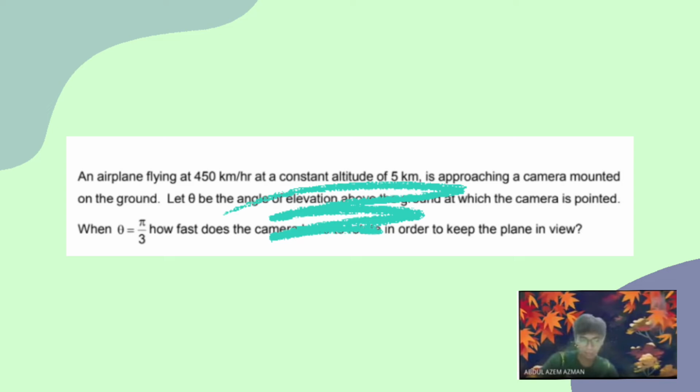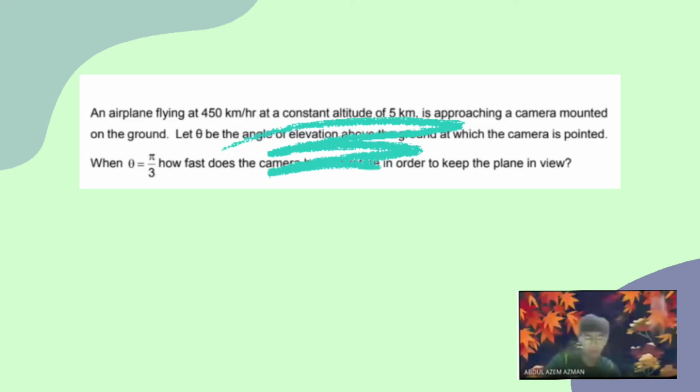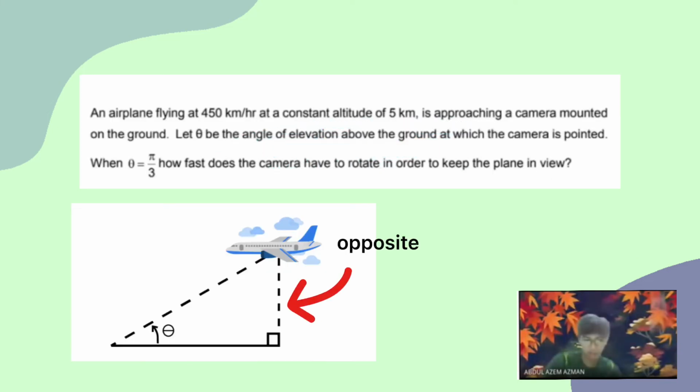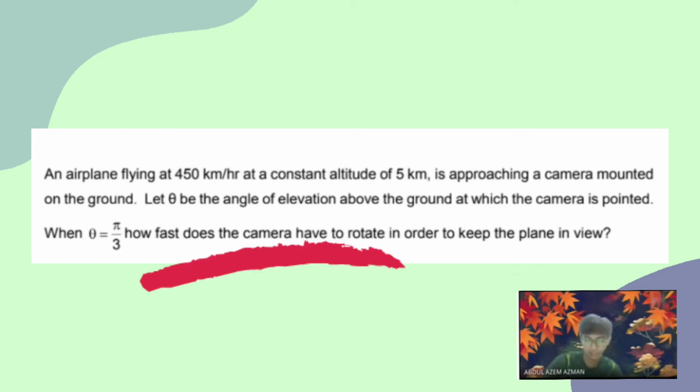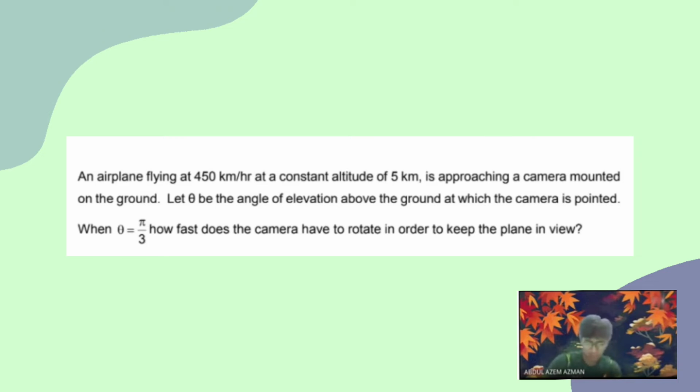From the airplane to the ground, we can assume this is the opposite of theta. So the question asks us to find how fast the camera has to rotate in order to keep the plane in view. So we actually need to find d theta over dt to answer this question.